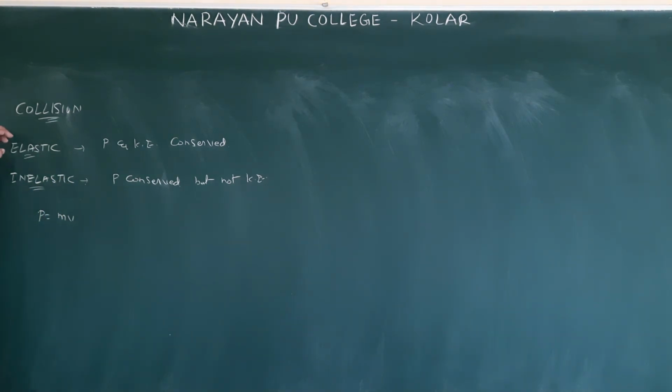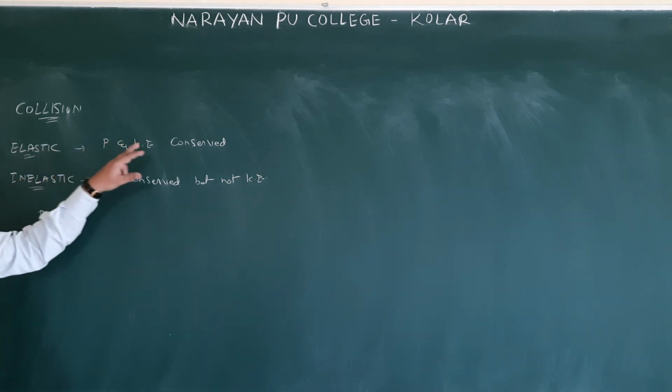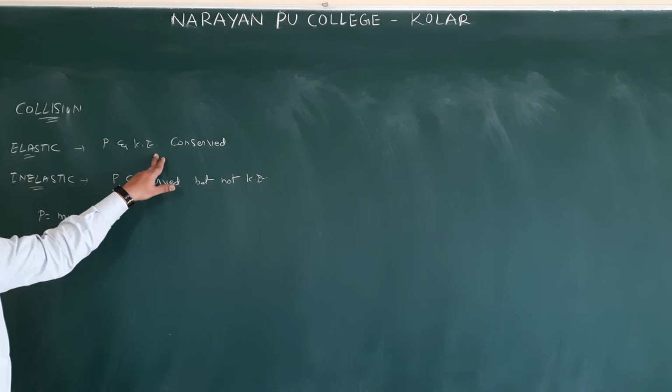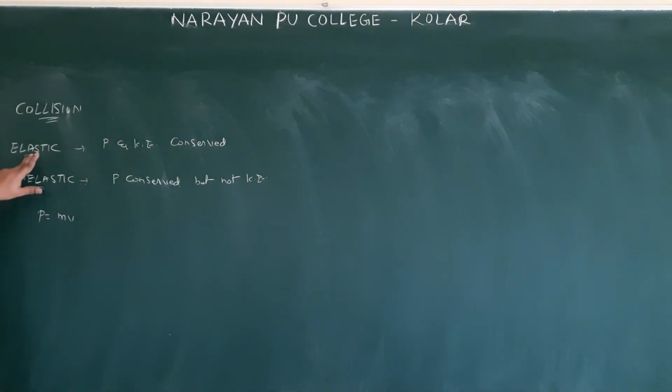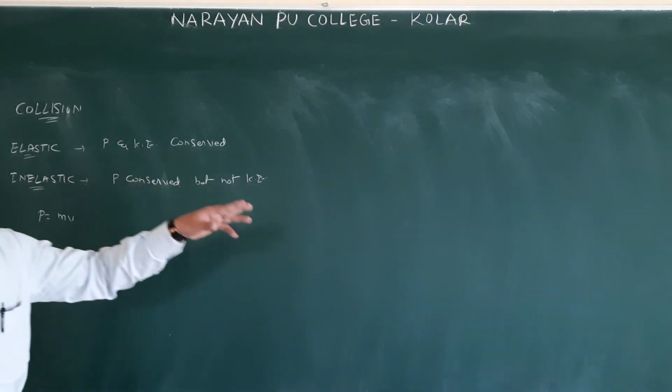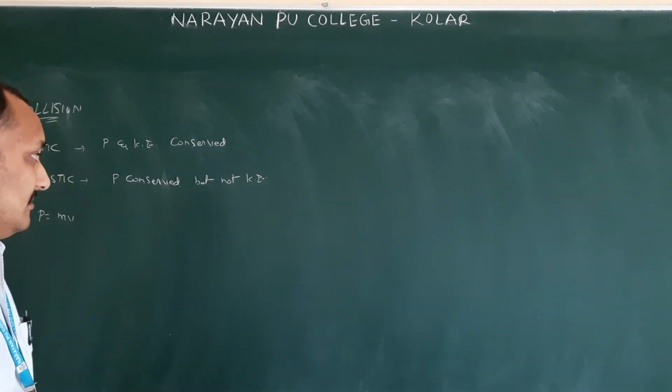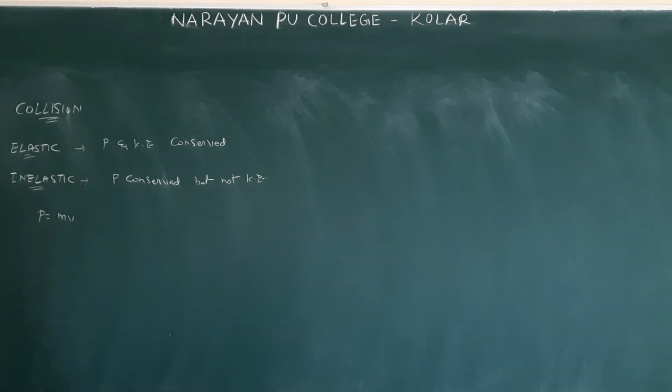In elastic collision, momentum and kinetic energy are conserved; inelastic collision is different. This type of collision happens in two ways: one dimensional and two dimensional. We are going to discuss especially one dimensional collision.